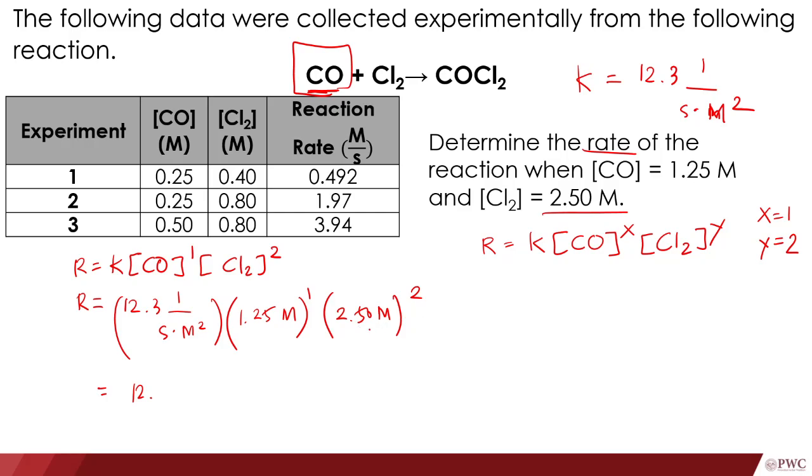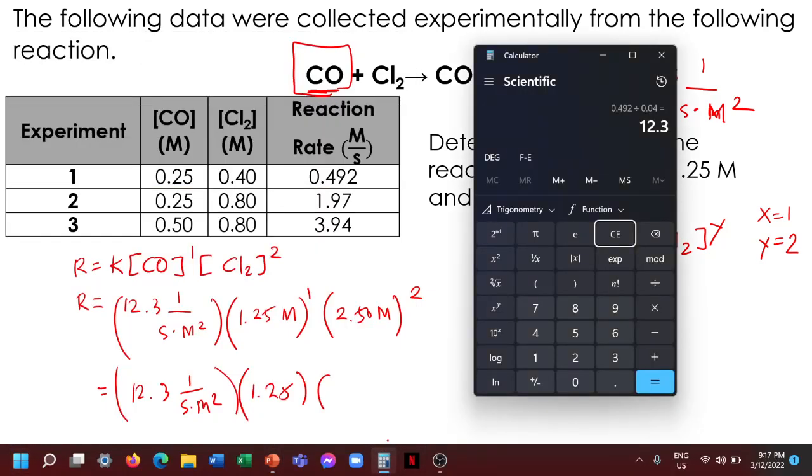So let's solve this first. Let's copy this one, 12.3, 1 over seconds molar squared. And then 1.25 to the power of 1, that's obviously 1.25. And the next, 2.50 squared. Let's use our calculator. That's equal to 2.50 times 2.50. That's equal to 6.25.